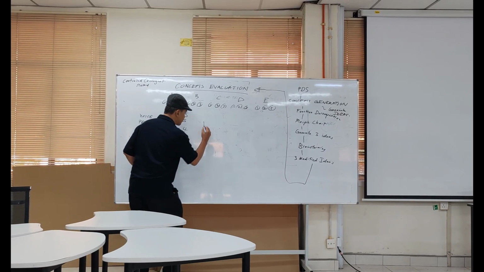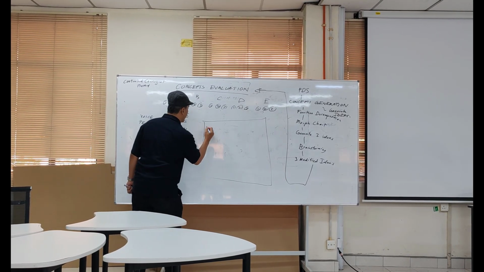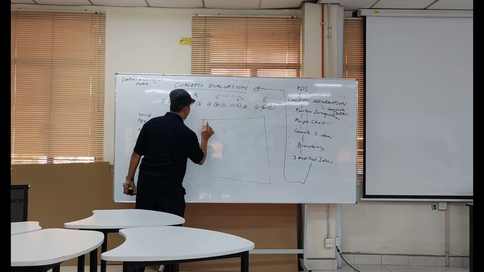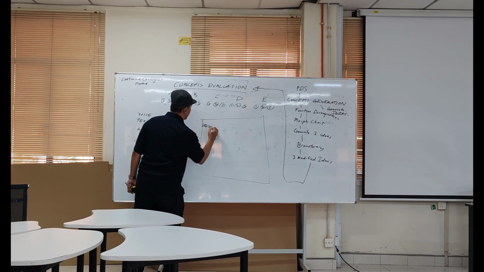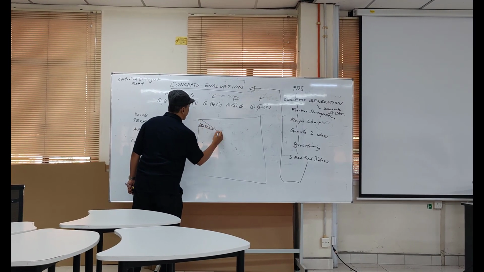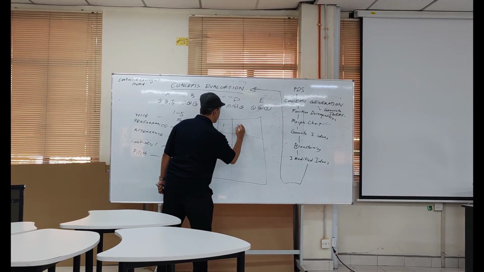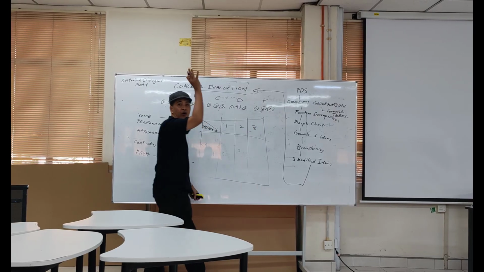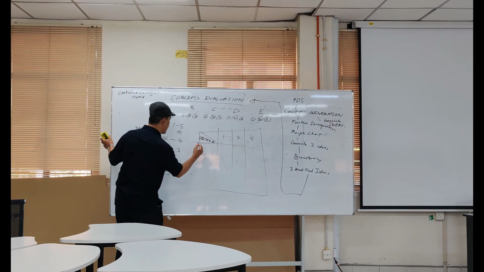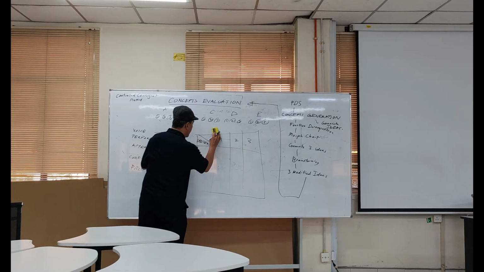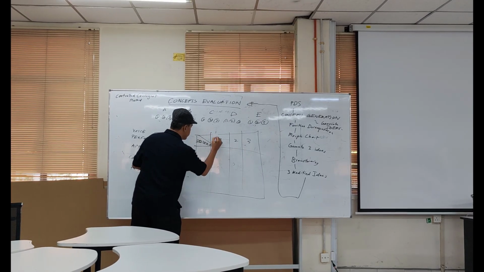Then they have a form. This is the singer, this is the criteria, and this is the opponent. So there is singer 1, singer 2, singer 3, and so on. For example, the first criteria has a weighting.